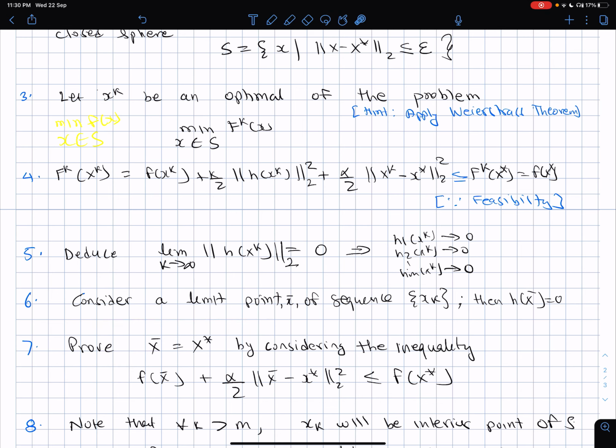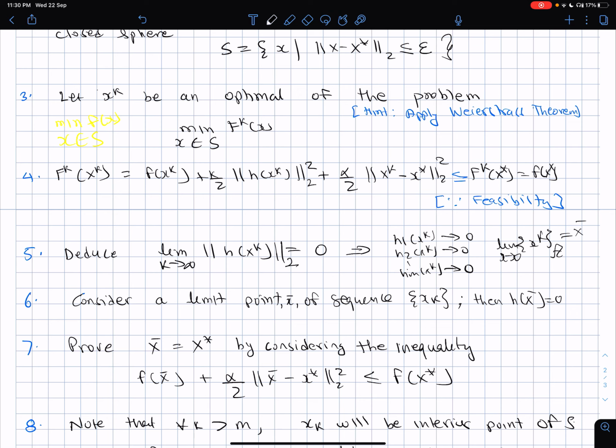A limit point x bar is a point such that there exists a subsequence in that sequence x_k, chosen by some rule, such that in the limit k tending to infinity, this extracts a convergent subsequence which converges to some value x bar. At least one such limit point exists.